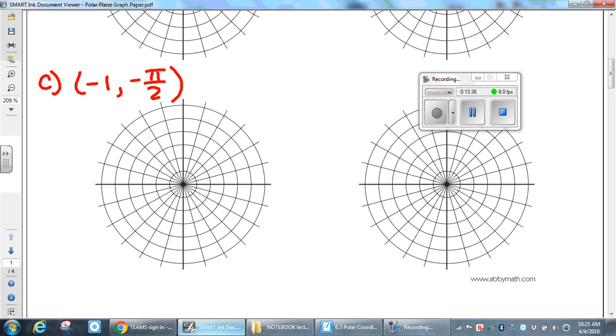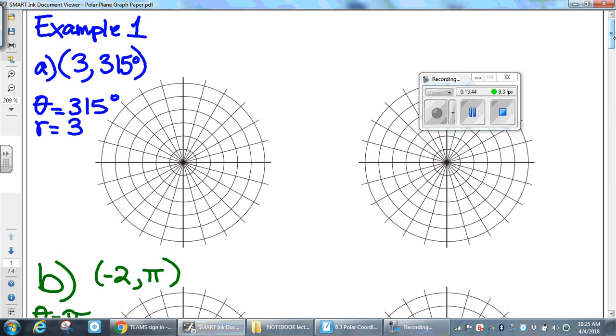Okay, I'm going to check the answers. If you're still graphing, continue, but if you got one wrong, please correct it on your paper. Okay, so first one. We start here at the polar axis, positive angle, so we go counterclockwise. 315 is going to be exactly, and I'm going to go ahead and go on the third circle since I already see a positive 3. So this is the first, second, and third. From here, I will follow it, and I'm going to stop 45 degrees before I get to 360.